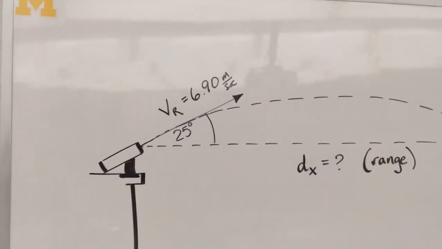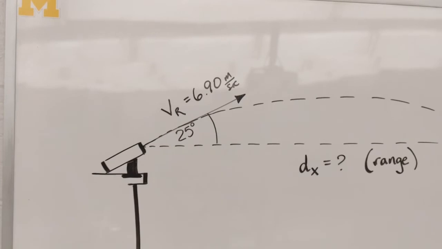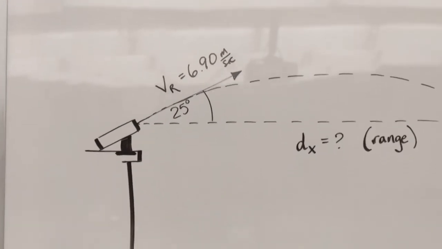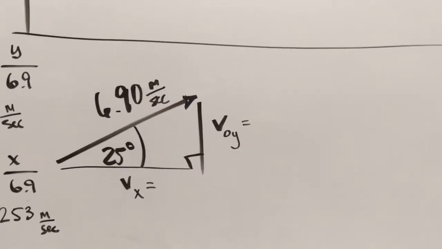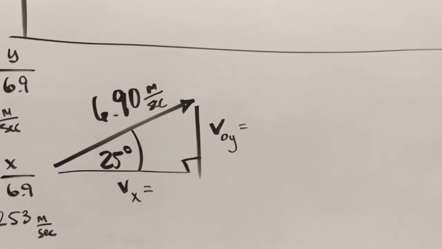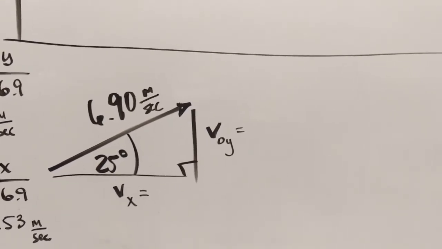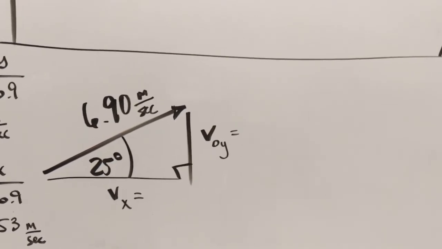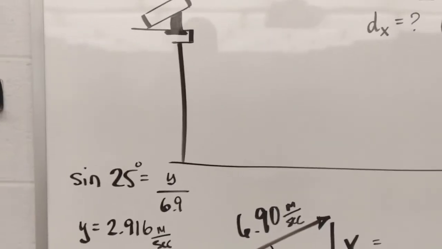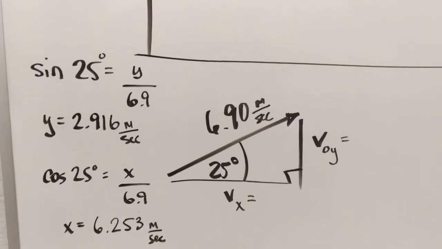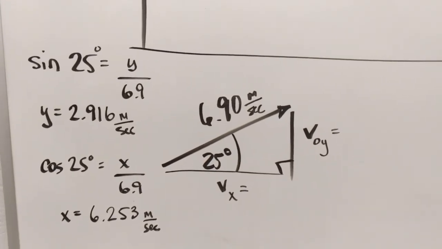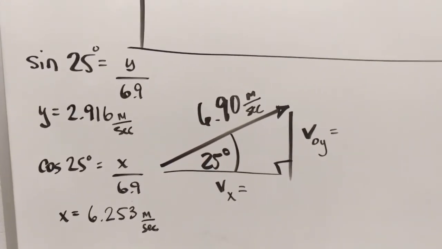Since we're not going to launch it horizontally or vertically, but a combination of the two, we have to solve this triangle to figure out how fast at the beginning the ball is rising and how fast the entire time it's moving to the right. Meaning we have to take the sine and cosine of 25 degrees to find the components of our vector triangle.